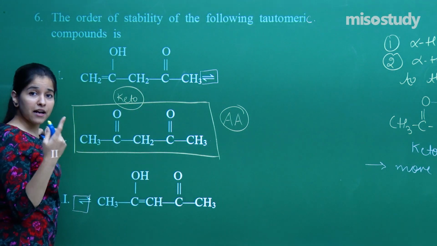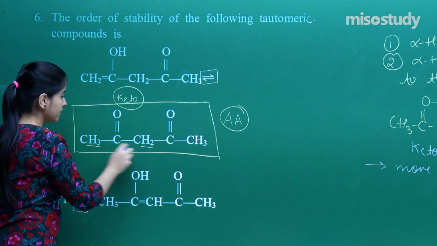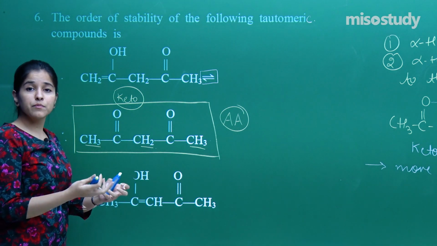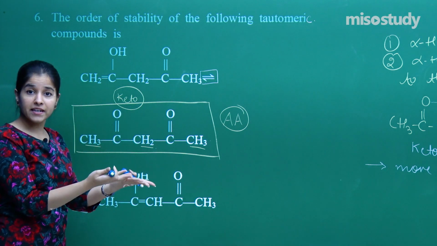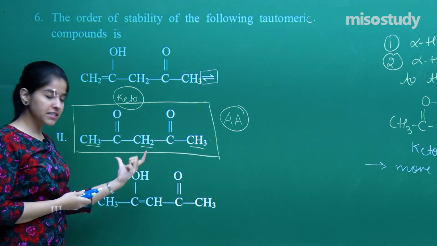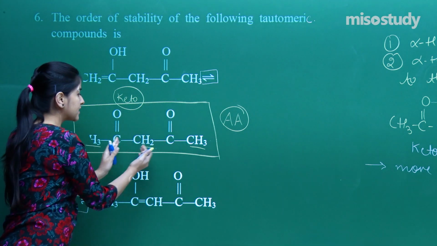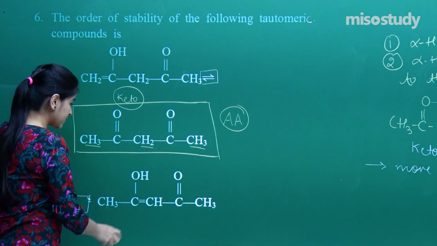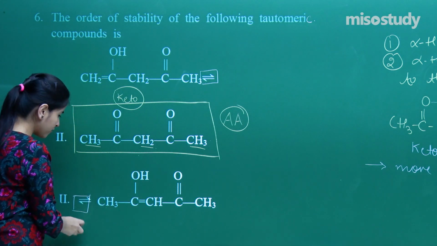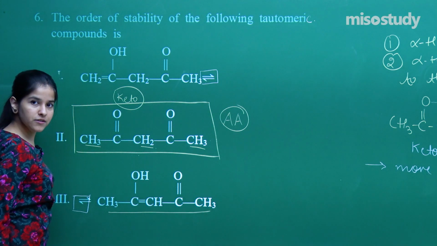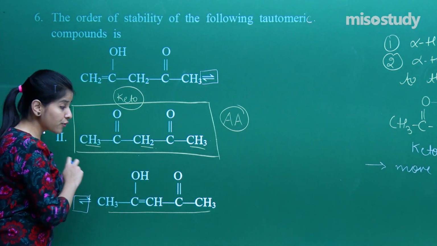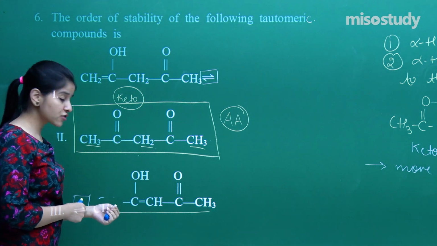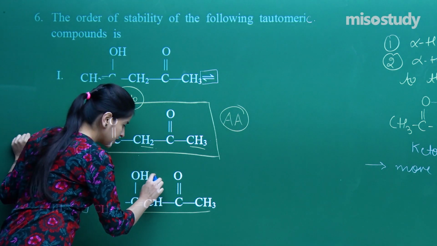Where are the available alpha hydrogens? I have got it here and on these 2 sides. Which is more acidic? More acidic means more easily getting removed. Which kind of hydrogen is that? This very hydrogen, because it is surrounded with 2 withdrawing groups, that is 2 keto groups. That means it results in the formation of this very compound, first of all. And if you see over here, how the hydrogen bonding is involved in this enol form is like this.